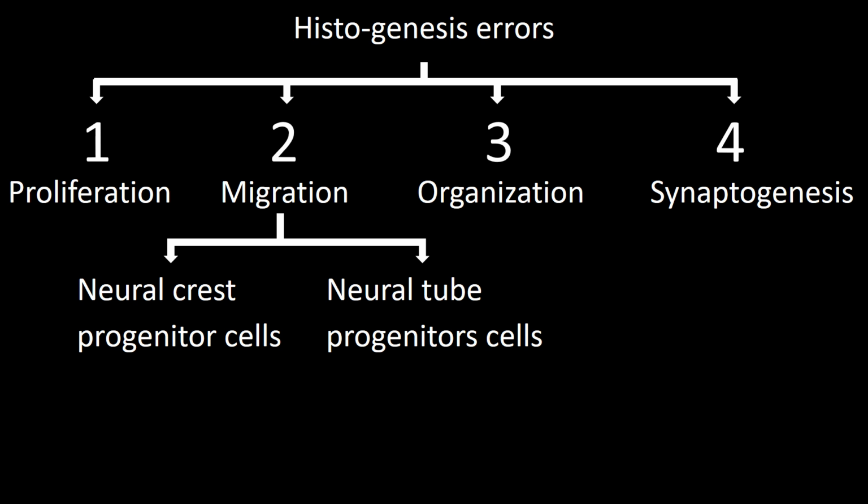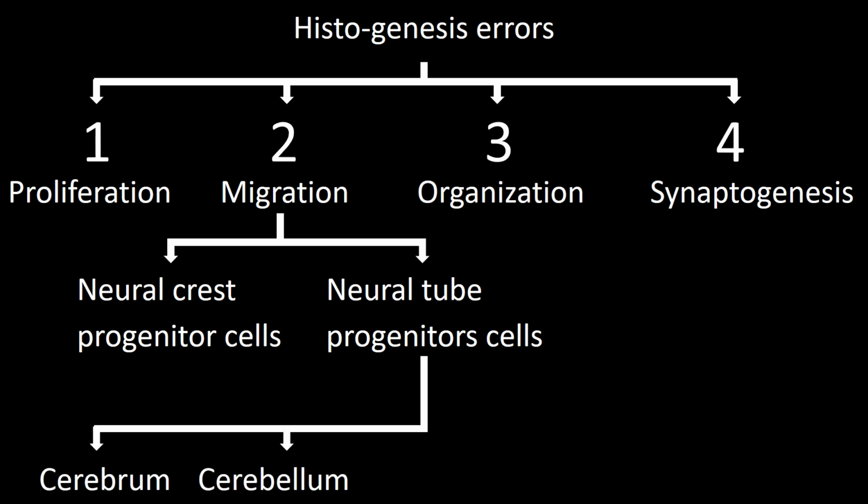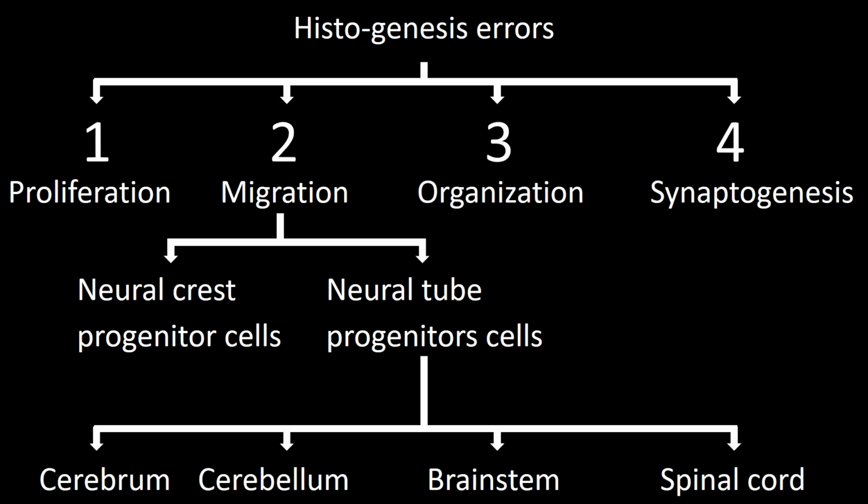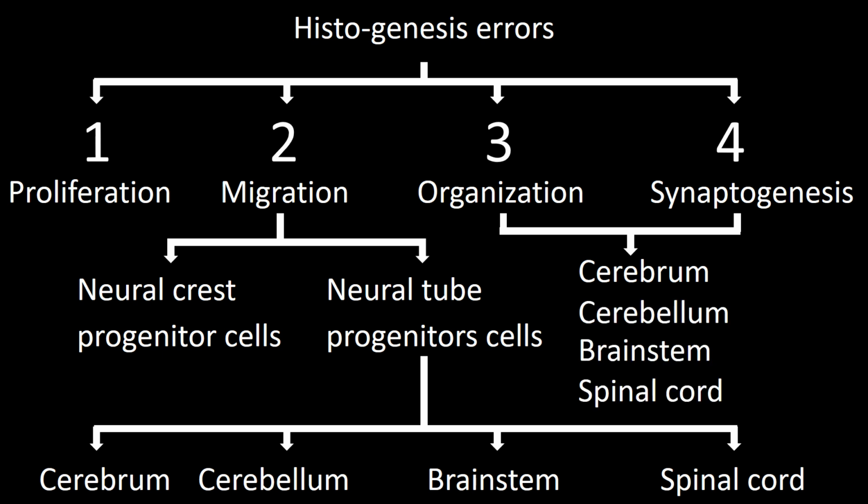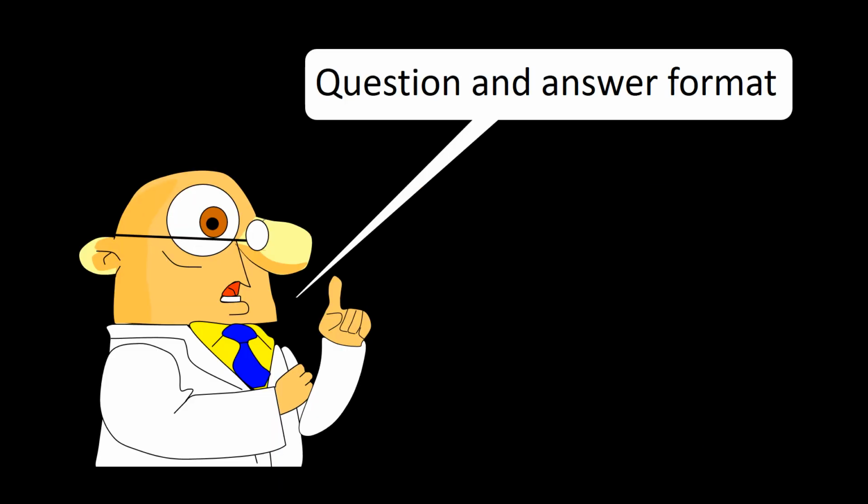Neural cell progenitor errors may occur in the cerebrum, cerebellum, brainstem, and spinal cord. The other two remaining histogenesis errors, as we previously mentioned, are organization and synaptogenesis. These latter two types of errors can also be classified based on anatomy to those involving the cerebrum, cerebellum, brainstem, and spinal cord. Now we will change to the question and answer format.